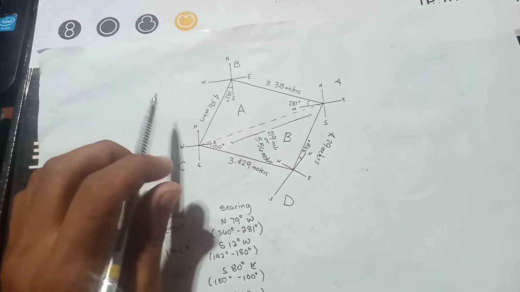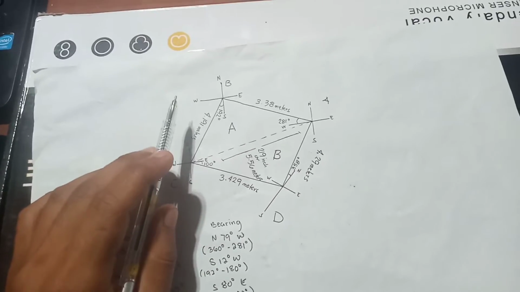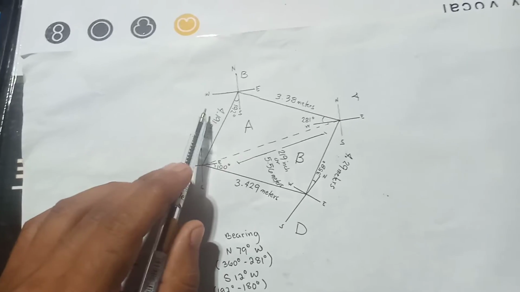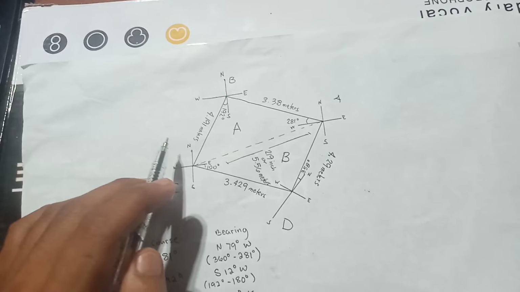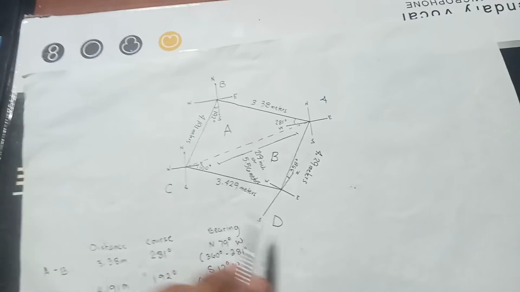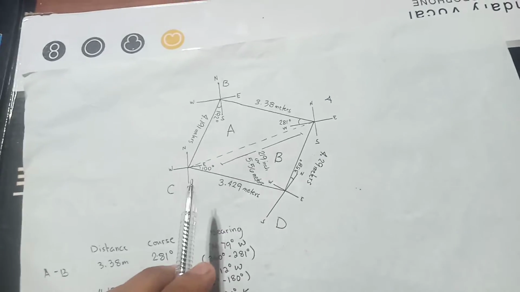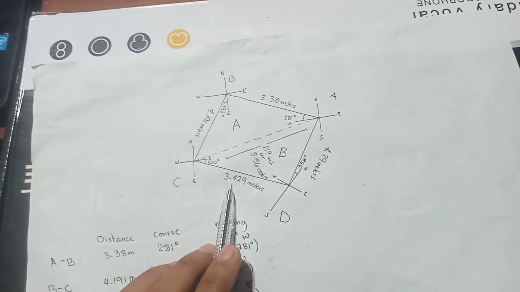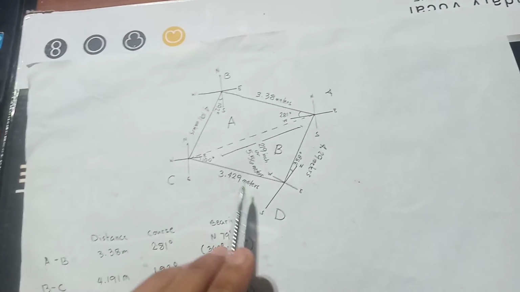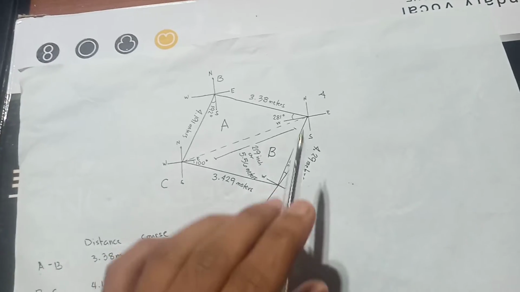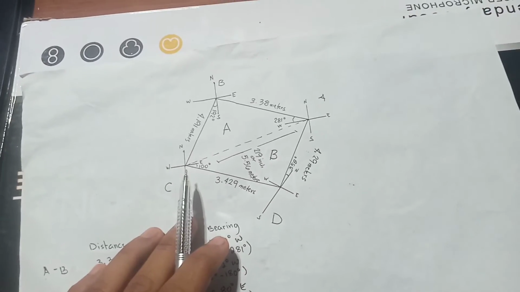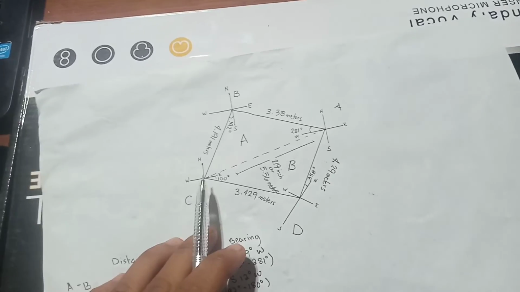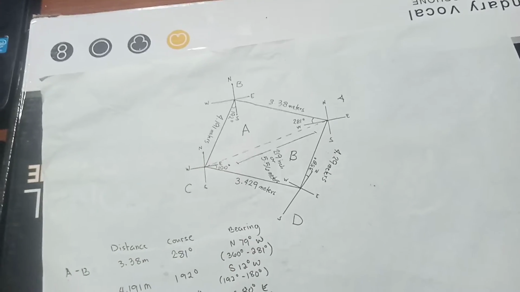B to C with a course of 192 degrees with the distance of 4.191 meters. Then point C to D with a course of 100 degrees having a distance of 3.429 meters. Then D to A having a course of 358 degrees and a distance of 4.29 meters.